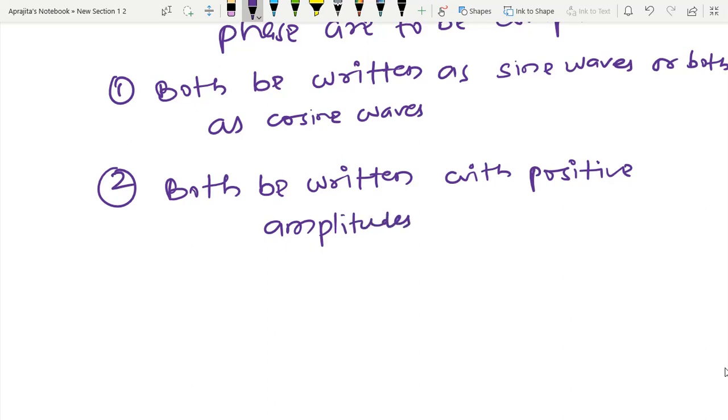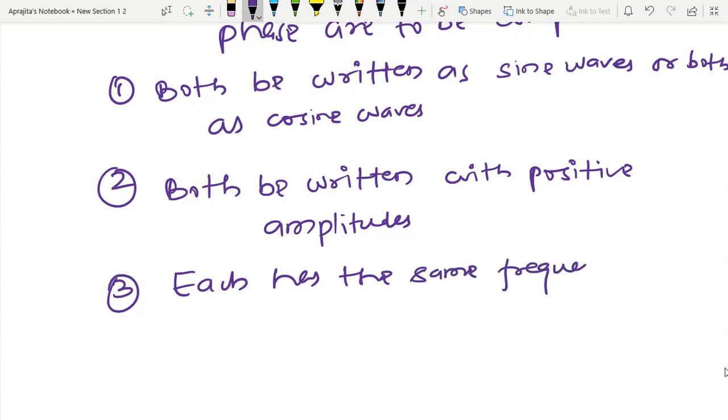In our example one is positive and the other negative, so somehow I have to absorb the negative sign inside the argument. Third, and important: each has the same frequency. If the frequency is not the same, then we are unable to do the comparison.